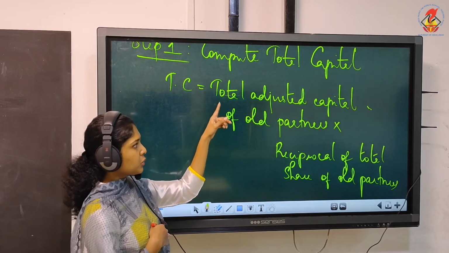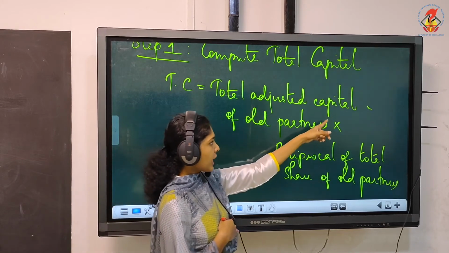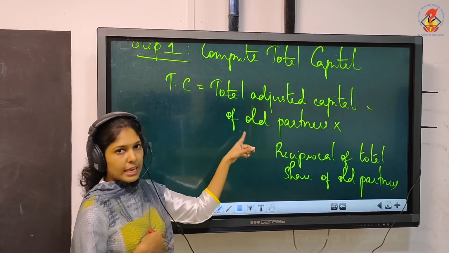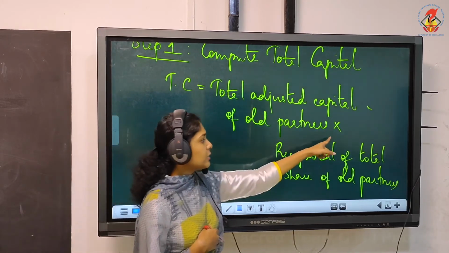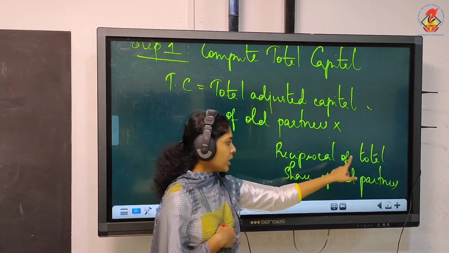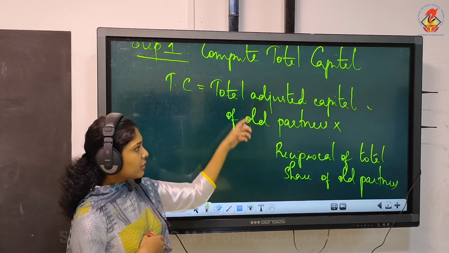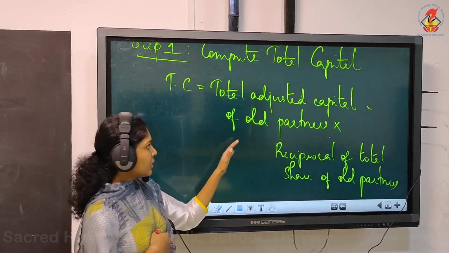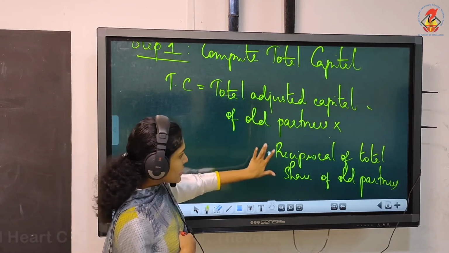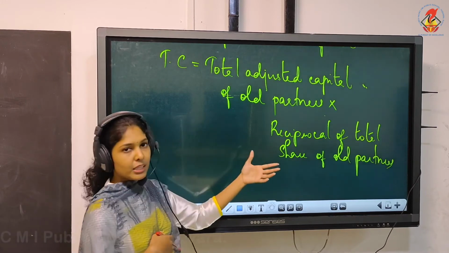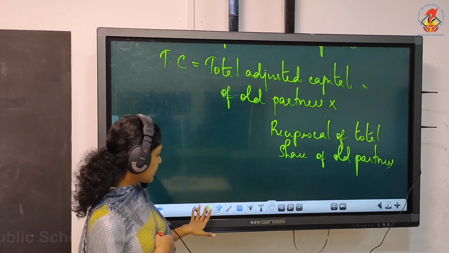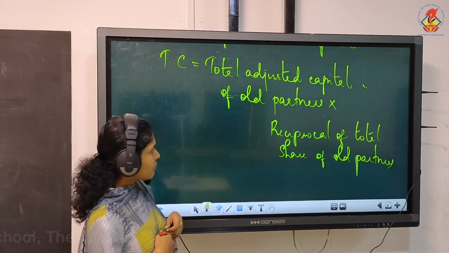Total capital is equal to total adjusted capital of old partners, A, B, C in this question, into reciprocal of total share of old partners. When you see this formula, you might find it difficult, but when we apply the figures, you will easily understand. So I'll show how you have to take the figures.